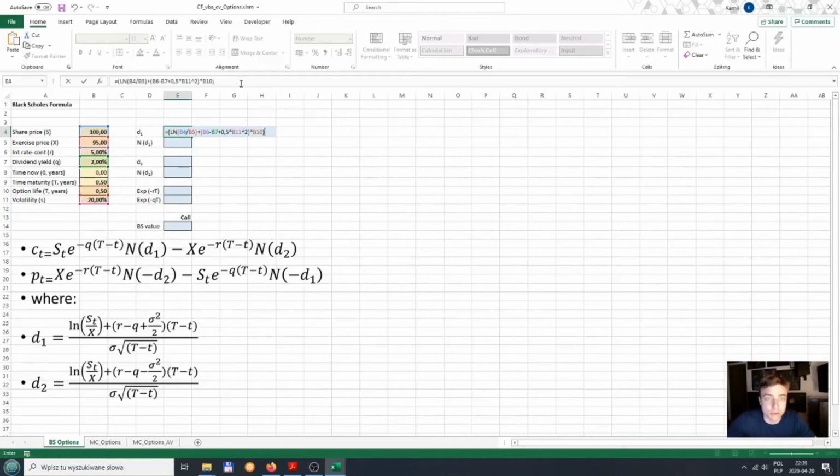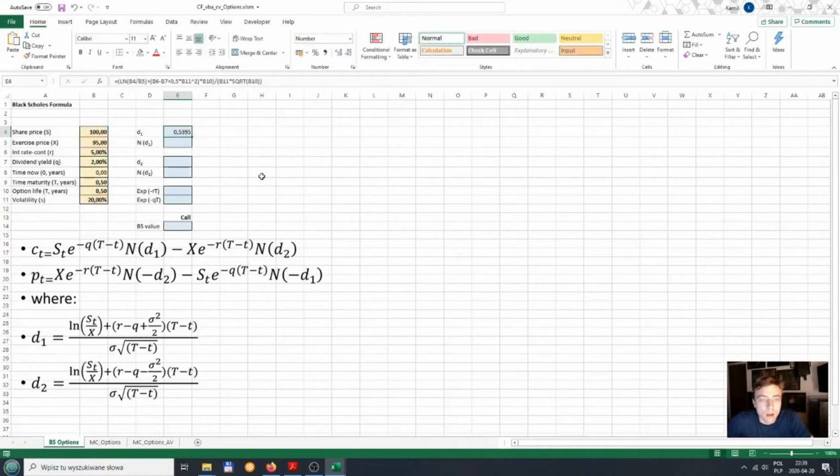With option maturity, I have my numerator, and I need to standardize it with standard deviation. So my standard deviation is 20%, but if I want to scale it down for option life, I need to use square root. I need to use square root because this is standard deviation, not a variance.